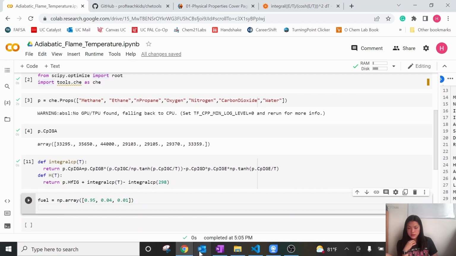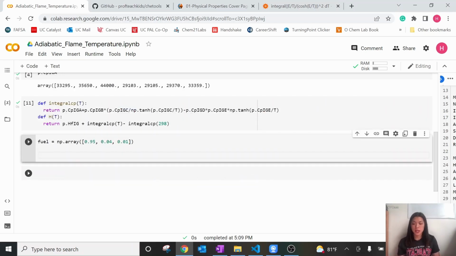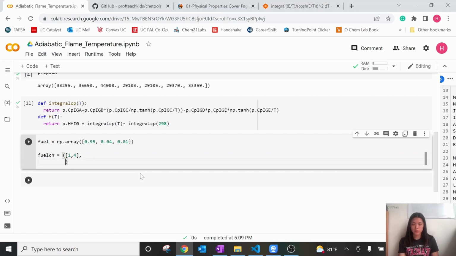Now what we have to do is input the number of carbons and hydrogens per mole of each of the components of the fuel. So we will name this fuel CH. For the first component, there is 1 carbon and 4 hydrogens in methane. And for ethane, there are 2 carbons and 6 hydrogens.